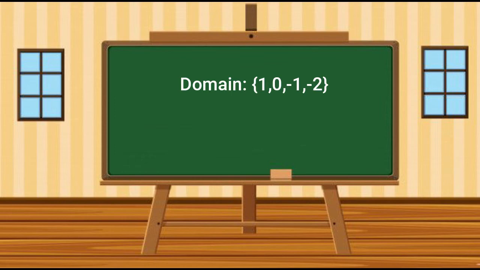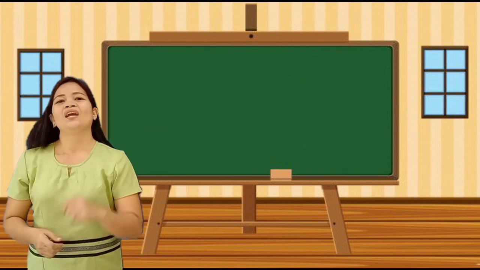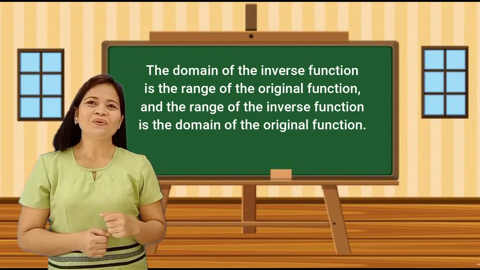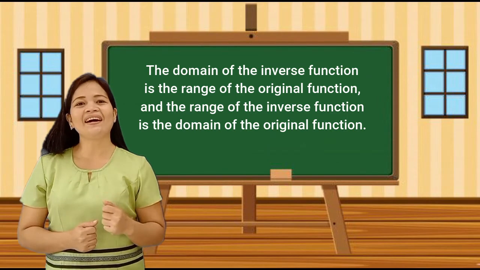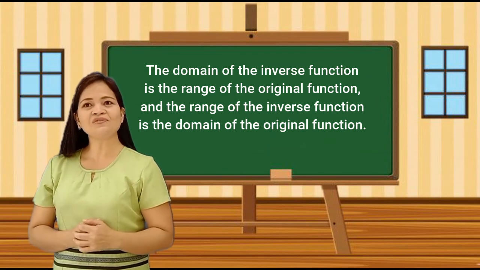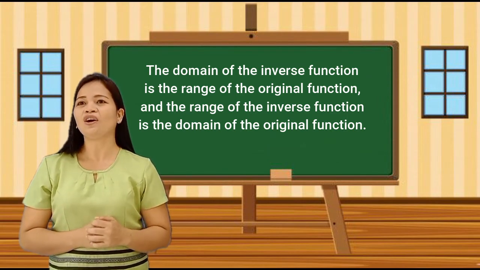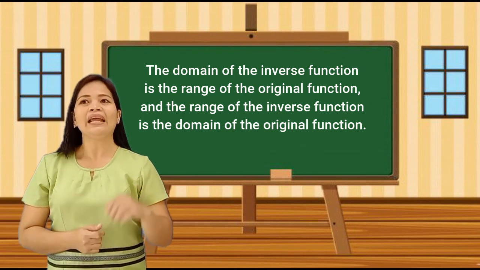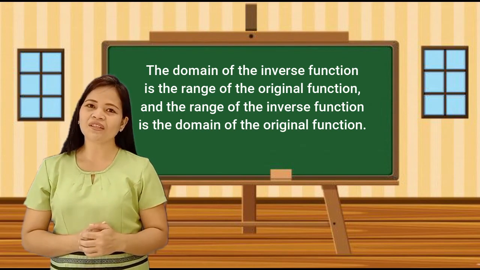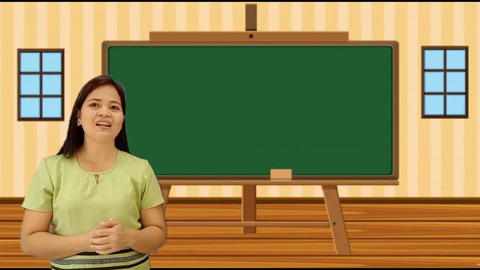The domain of the inverse of the function is 1, 0, negative 1, and negative 2, while the range of the inverse of the function is 0, 1, 2, and 3. You are doing great today. We can therefore sum it up that the domain of the inverse function is the range of the original function, and the range of the inverse function is the domain of the original function.